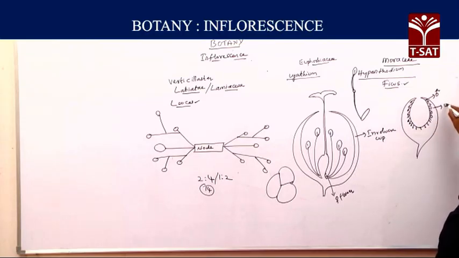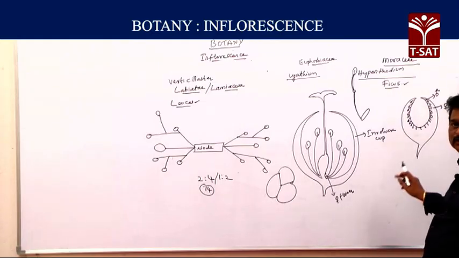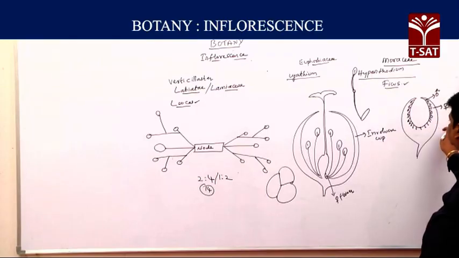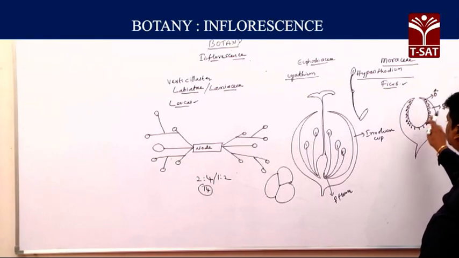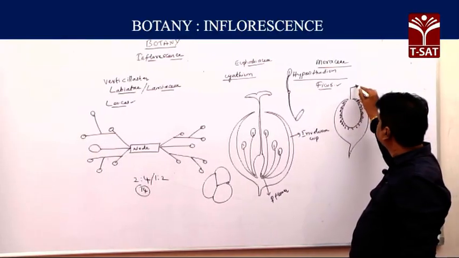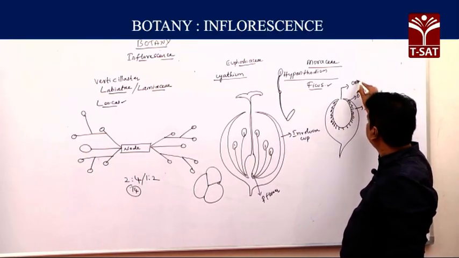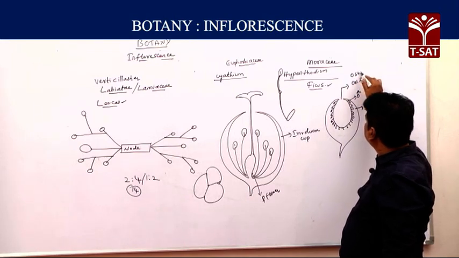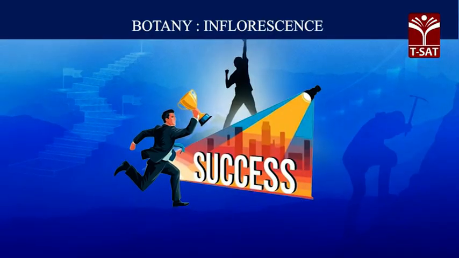Actually, female flowers are of 2 types, fertile female flowers and sterile female flowers. Sterile female flowers are called gall flowers. And in hypanthodium, the tip of the peduncle contains a small apical pore. It is called orifice or ostiole.